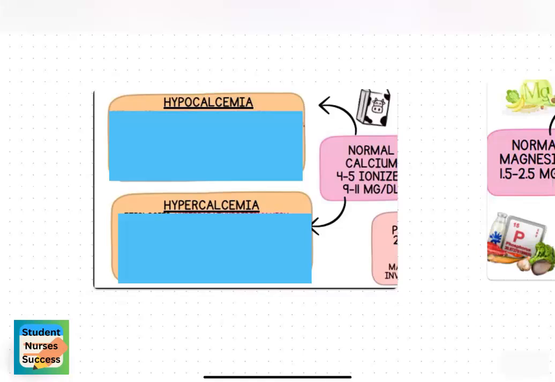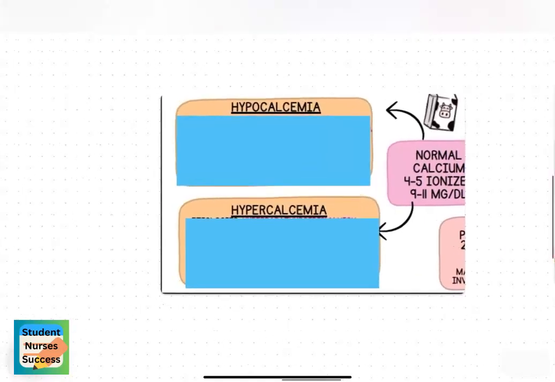Now let's talk about calcium. Most of the body's calcium is stored in the bones. Calcium plays a role in nerve impulse transmission, cardiac muscle function, and skeletal muscle function.